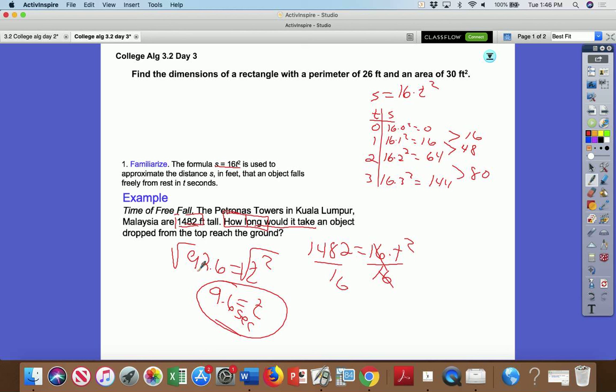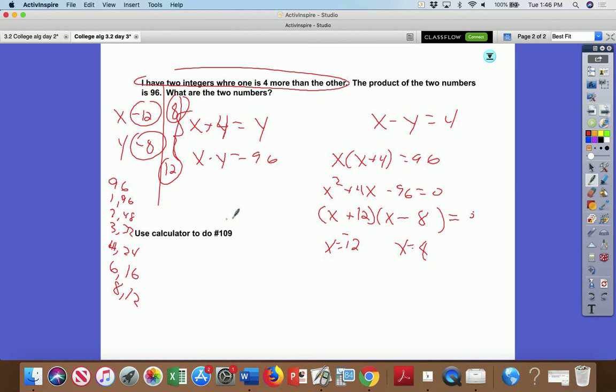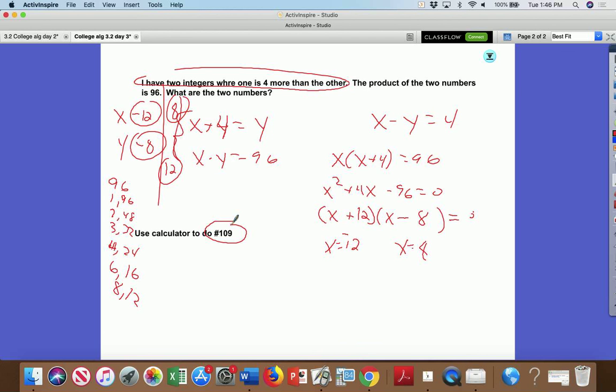I'm going to go through one final problem here, and it's on page 257, number 109.